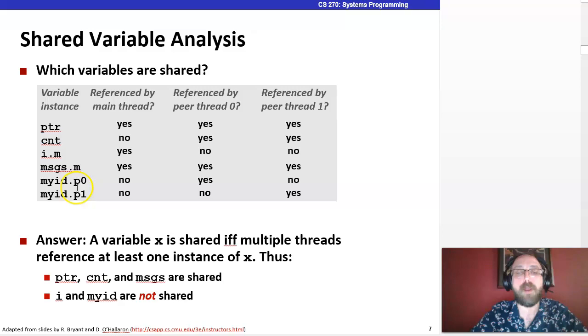And then myID in thread 0, myID in thread 1, those are local variables, not static, so they're not shared. Those are two different instances of a variable, and it's a local variable, so they are independent. So we would say here that pointer, count, and messages are shared. i and myID are not shared.